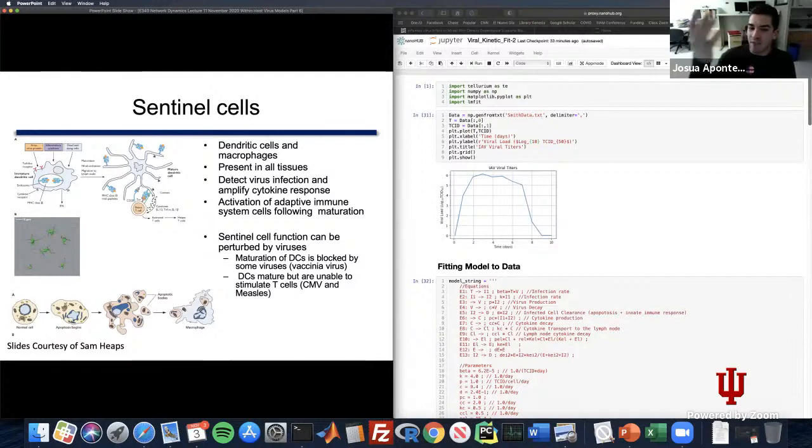So I need effector cells. I need cells of the adaptive immune system that can actually target this virus, basically profiling the virus.